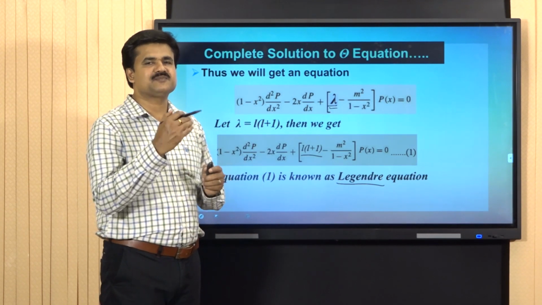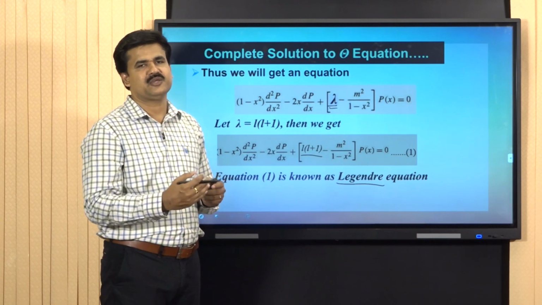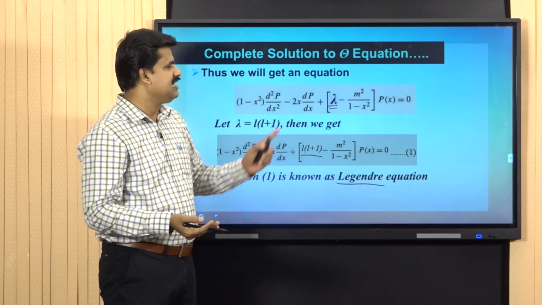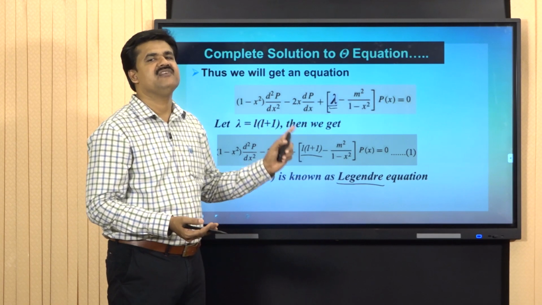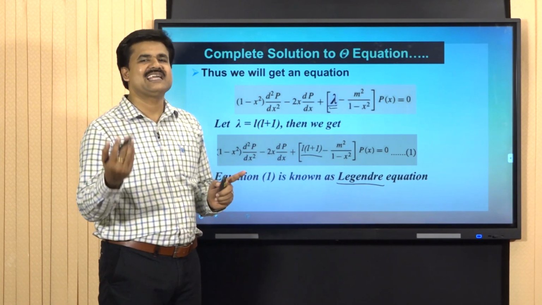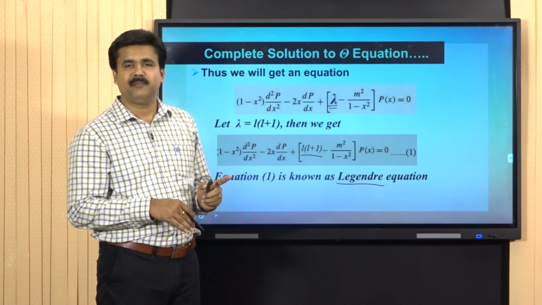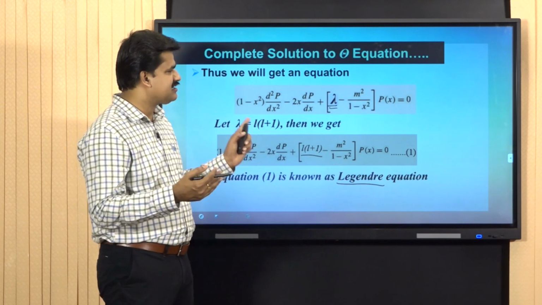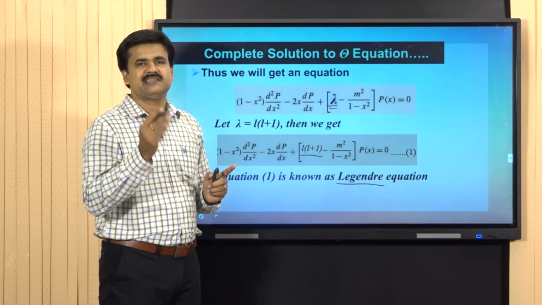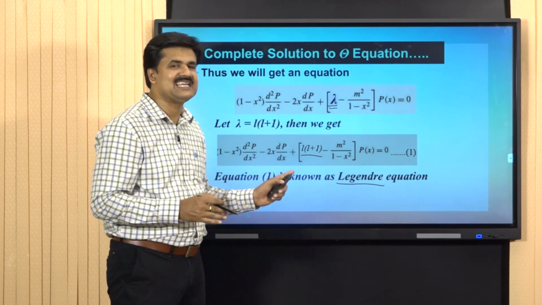We are making this much modification to the theta equation because if we get the Legendre equation, we will have a solution for it that we can adopt from mathematics. For that, we are modifying the original theta equation into this Legendre form.